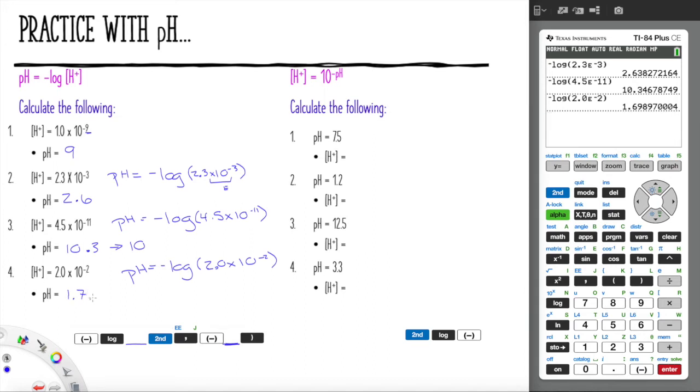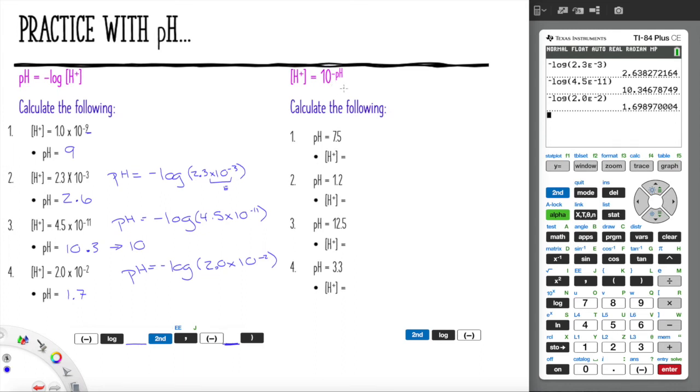All right, so that's how we use this equation in our scientific calculator to calculate the pH of a solution when the concentration is something other than 1.0 times 10 to a power. Okay? So now the next equation that we're going to use, we're going to be calculating the hydrogen ion concentration when we're given a pH value.